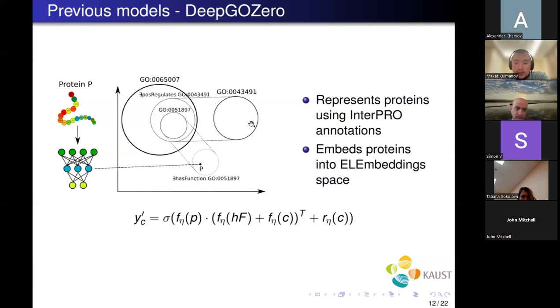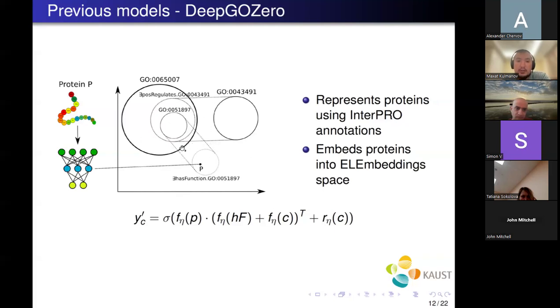Even, for example, if there comes some new class in the next version of GO, and it uses some definitions that are in the previous one, you could use those definitions to come up with the prediction.